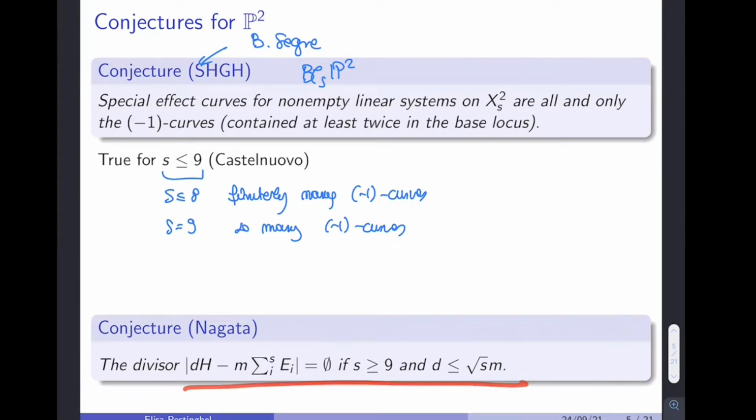So this is the statement. If I have at least 9 points, as long as I have this bound, so that means the points are many with respect to the degree and the multiplicity, then the linear system is supposed to be empty.